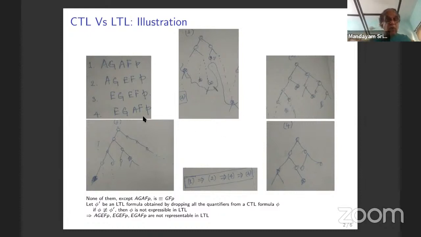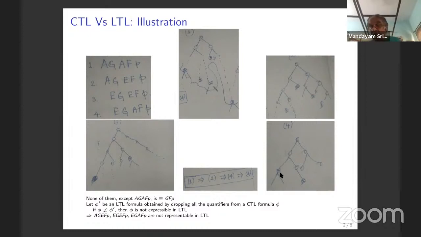Okay, so now finally, similarly, the difference between EG of AF and having an EF. Whereas EG of AF will require there must be one path in which every state is such that every path originating from each of those states, P will hold good, whereas this one requires only one.